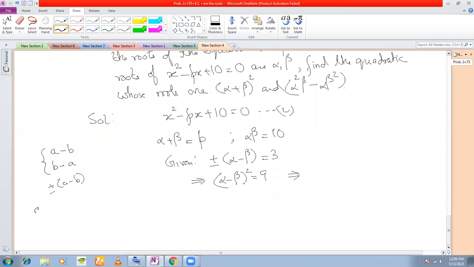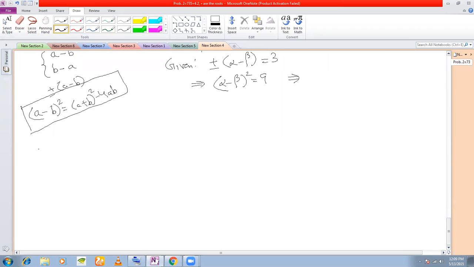Right. So now, you know this identity, a minus b whole square is equal to a plus b whole square minus 4ab. Remember? At least if you don't know, then please memorize this. You will require this now. You have only discussed a plus b whole square and a minus b whole square, maybe. But additionally, you will require these identities also.